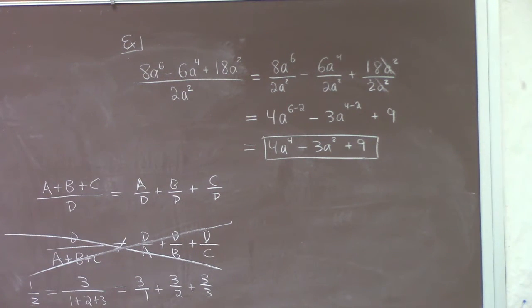These cancel, and we're left with 3a plus b over a, which is a good answer, but we could also write that as 3a over a plus b over a, which simplifies to 3 plus b over a, also a good answer.